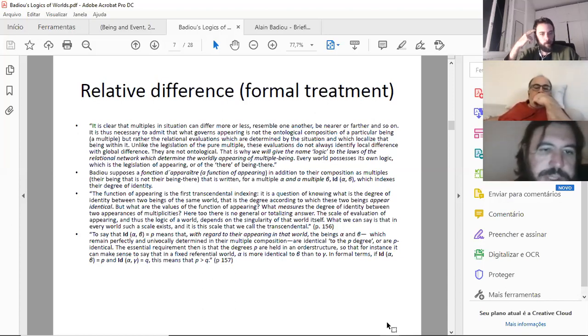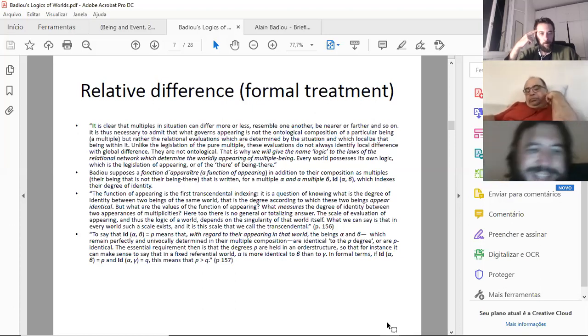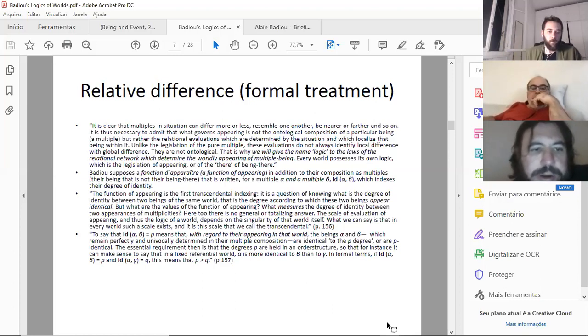But you suppose the fonction d'apparaître, a function of appearing, in addition to their composition as multiples, their being that is not their being there, that is written for a multiple alpha and a multiple beta, ID alpha beta, which indexes their degree of identity, right? So the function of appearing is the first transcendental indexing. It is a question of knowing what is the degree of identity between two beings of the same world. That is the degree according to which these two beings appear identical.